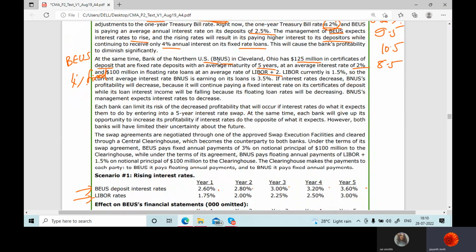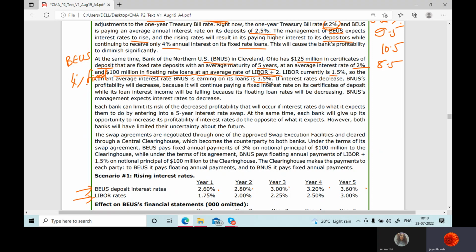They have also taken loans, it seems. So they have invested 100 million in floating rate loans at an average rate of LIBOR plus 2. That means for certificates of deposit they are getting an interest of 2%, and the floating rate loans are at LIBOR plus 2. LIBOR currently is 1.5%, so the current average interest rate BNUS is earning on its loans is 3.5%.